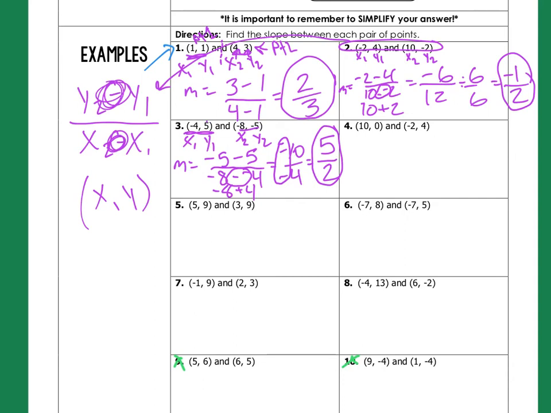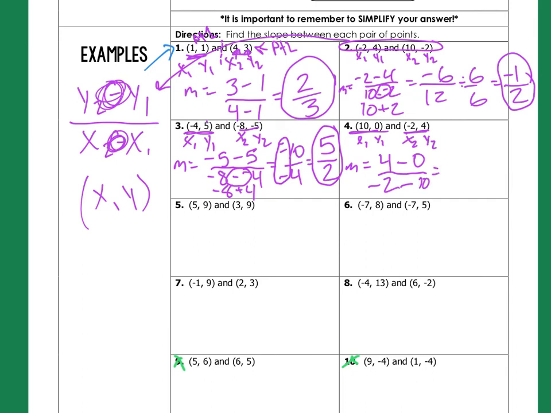We might skip 6 and 7, just because I think you're going to get this real quick. (10, 0) is x1, y1. (-2, 4) is my second coordinate, so I've got x2, y2. Plug it in. So m is equal to y2, which is 4, minus y1, which is 0, divided by -2 minus x1, which is 10.